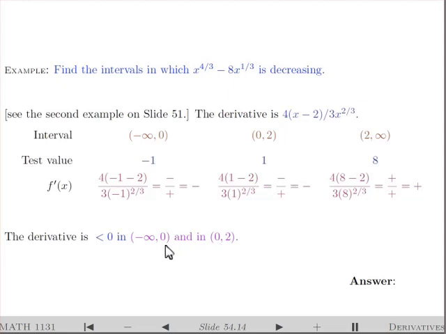So in this case, we have two contiguous intervals with a common endpoint where this function is decreasing. And this original function is also continuous at the common endpoint, namely 0. So I can combine the two intervals. So we can say the function is decreasing in the interval from negative infinity to 2.